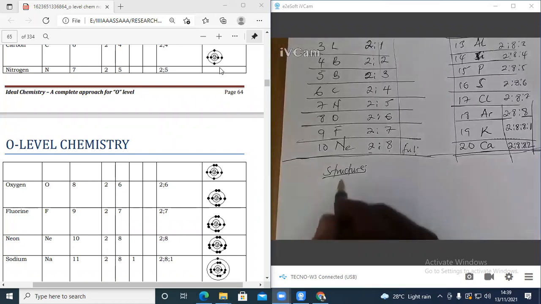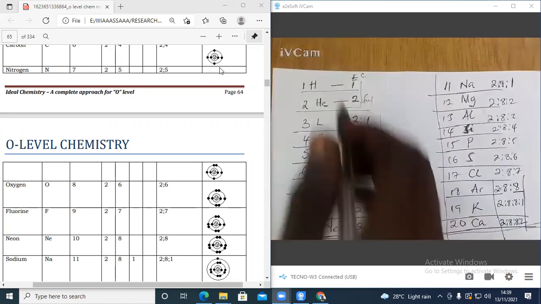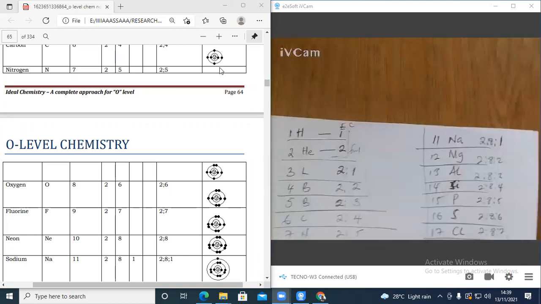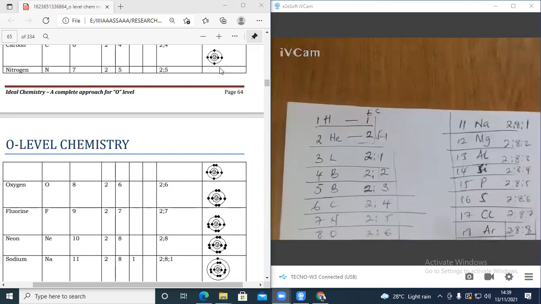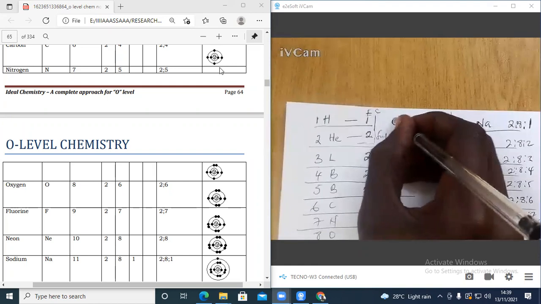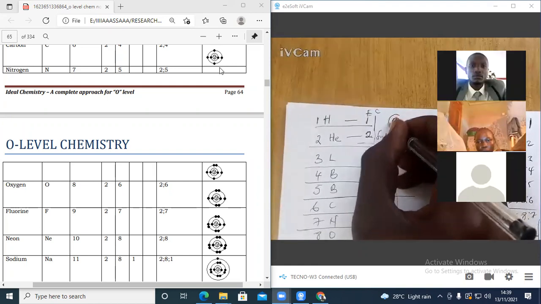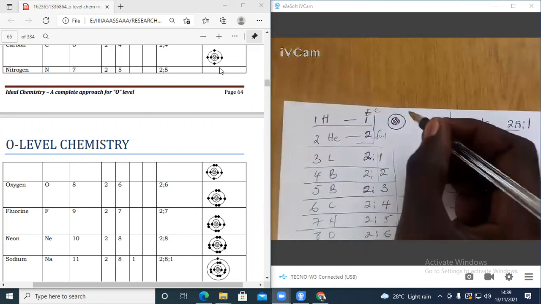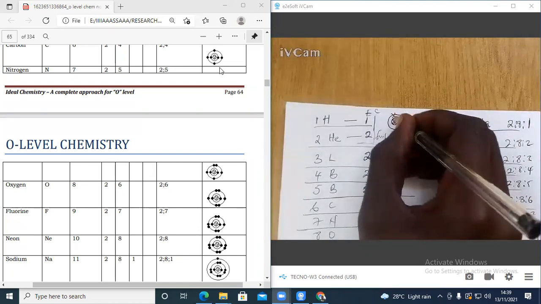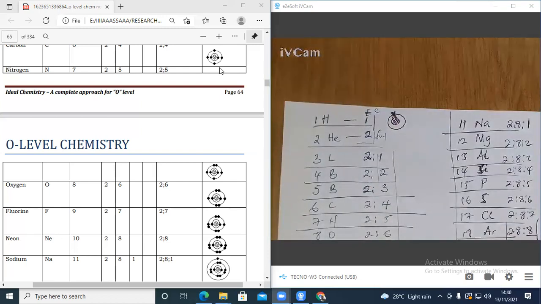Now, if we draw the one of hydrogen, it is 1. If it is 1, we can draw the nucleus like this, and then we put that electron 1. It can be up here. Just show with an X, or with an O, or somebody can use a dot.